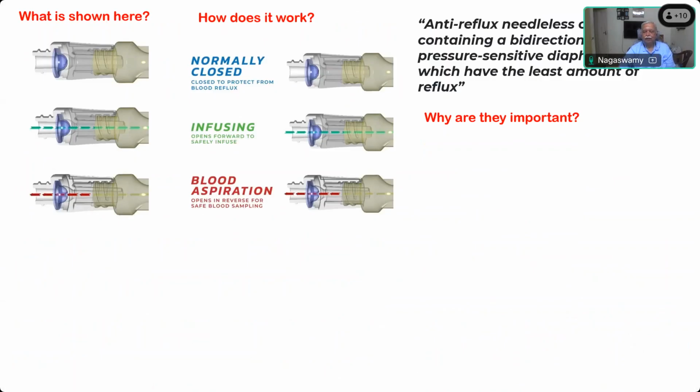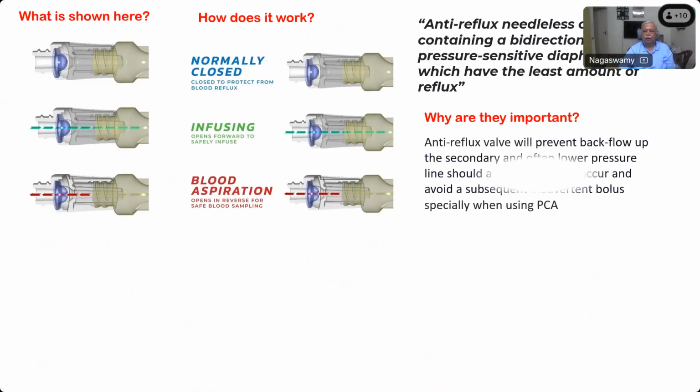Patient controlled analgesia. Anti-reflux valves will prevent backflow of the secondary and often lower cell lines if there is a distal occlusion, and avoid subsequent inadvertent bolus, especially when using patient controlled analgesia technique.